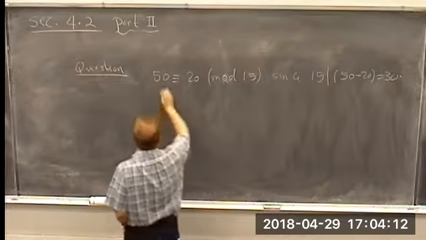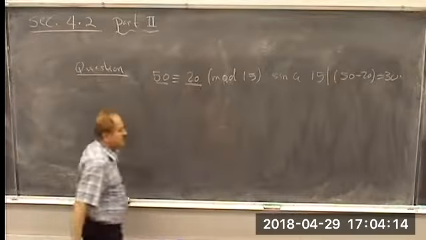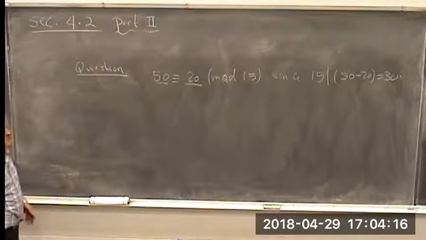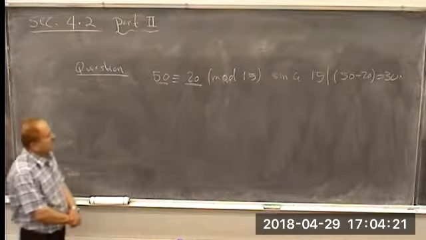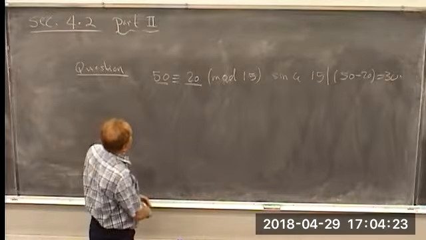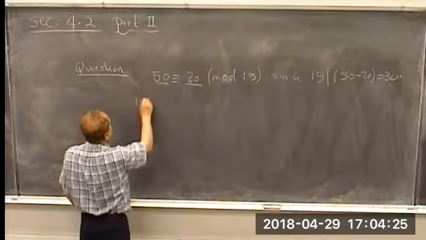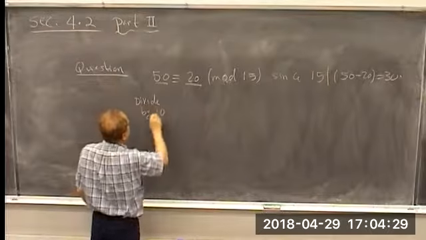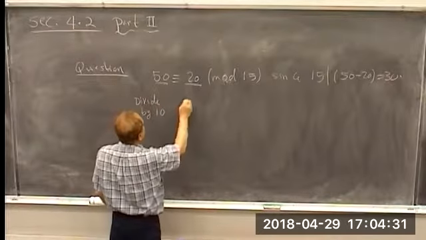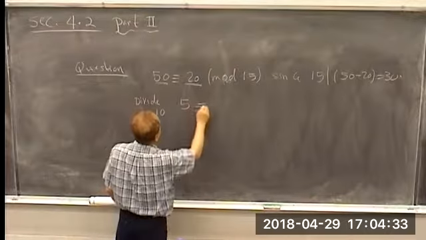Now we know that the two sides of this congruence are divisible, for example, by 10. So if I divide by 10, we get, of course, 5 and 2.